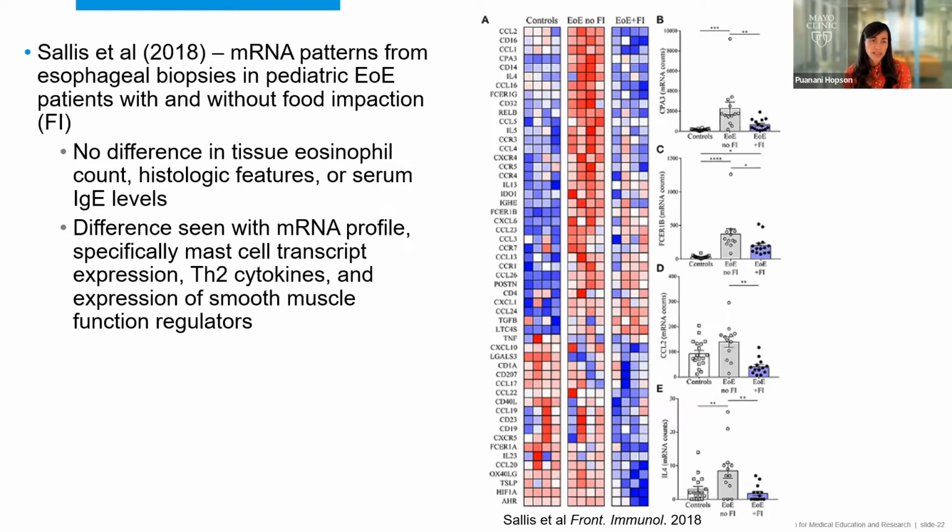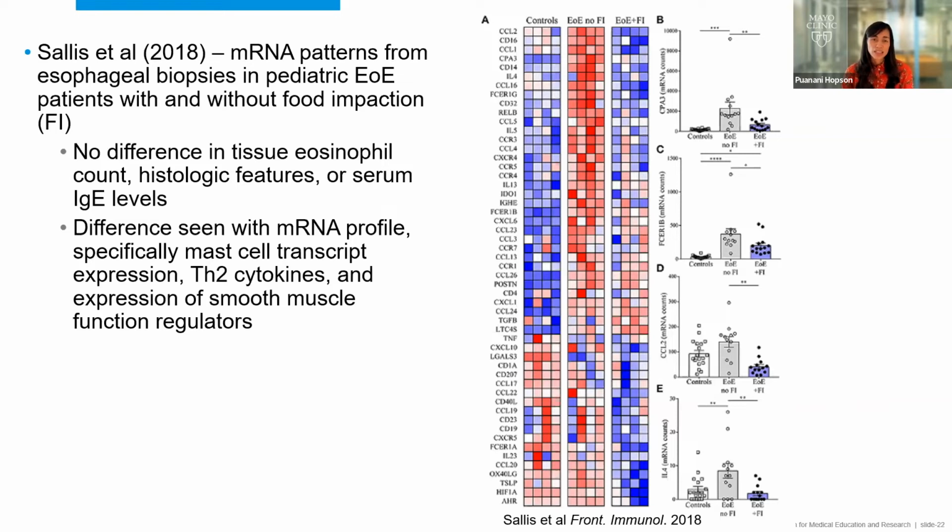But within this, they found no difference when looking at eosinophil count, histologic features, or IgE levels. When they went down to the mRNA profile, there were distinct differences, specifically in mast cell transcript expression, Th2 cytokine expression, and smooth muscle function regulators.